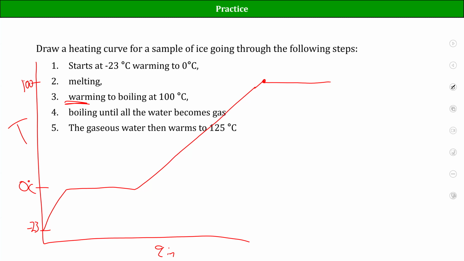This is where our everyday experience is a little bit lacking, because we never boil a pot until all the water is gone. We pretty frequently see ice melt until it entirely becomes liquid, but very rarely do we actually boil water until it's all gone.